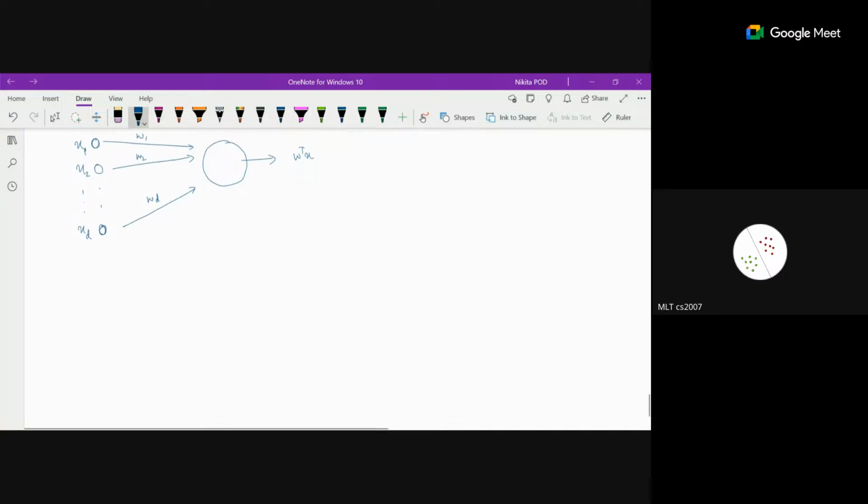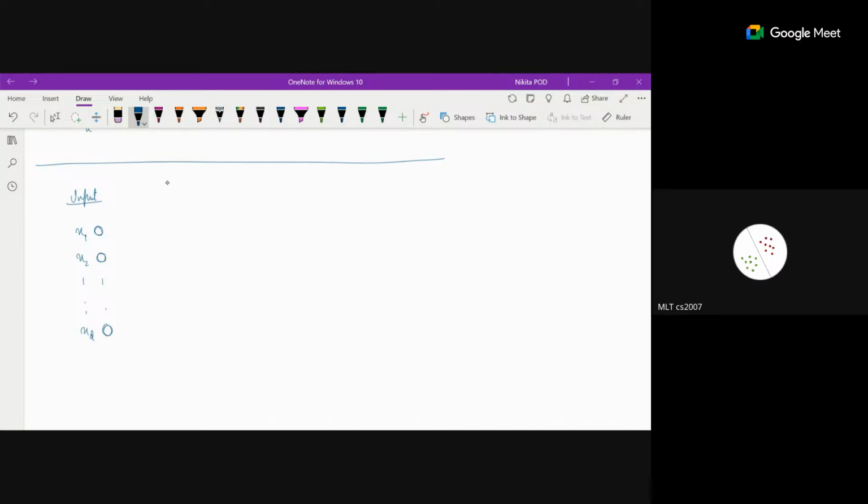Okay, so in a neural network, I look at my input layer. Again, I have my X1, X2, so on till XD. All these Xi's have some weights associated with them.